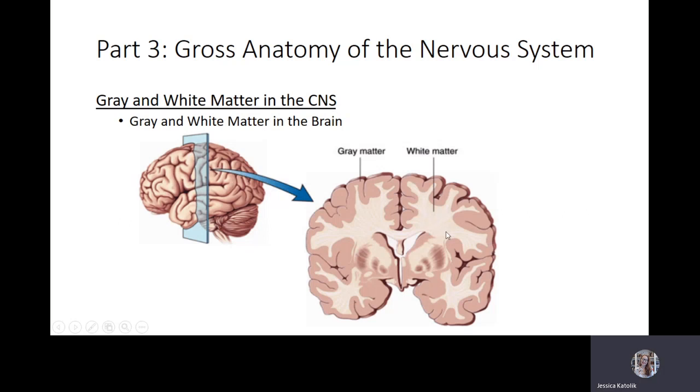White matter, on the other hand, is going to be on the inside of the brain. It's going to be deeper, if we're using anatomical terms. And so this is where the axons will be located. Just to think about how this would work functionally, the axons would be able to travel from one area of the brain to another, connecting the different regions of the brain throughout the white matter.